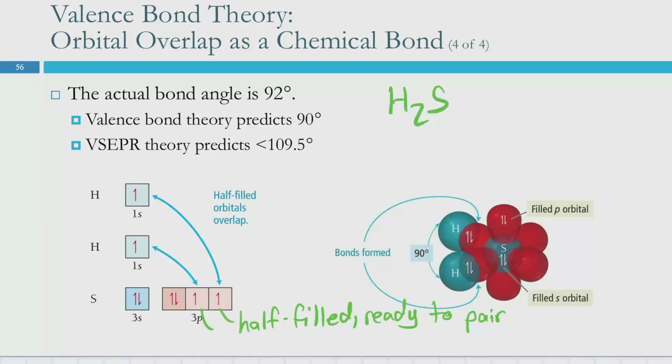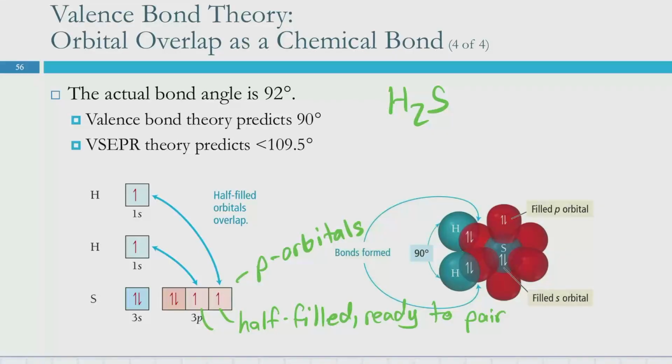And these are p orbitals. P orbitals are at 90 degrees from each other. So we've got one that's going straight up and down, one that's going perfectly left and right, and then our third one would be going straight in and out.